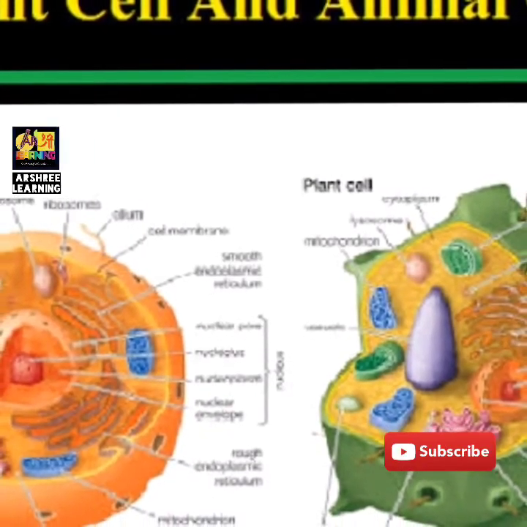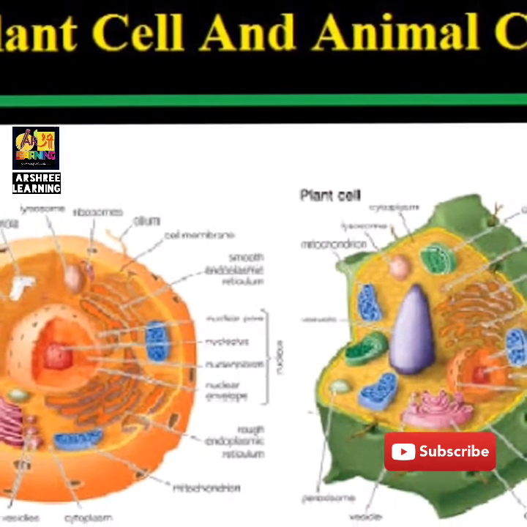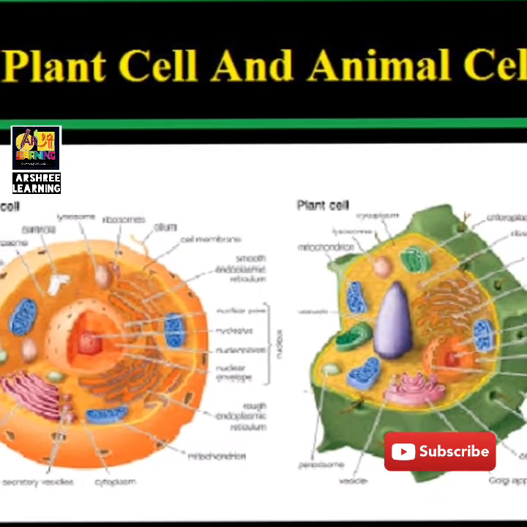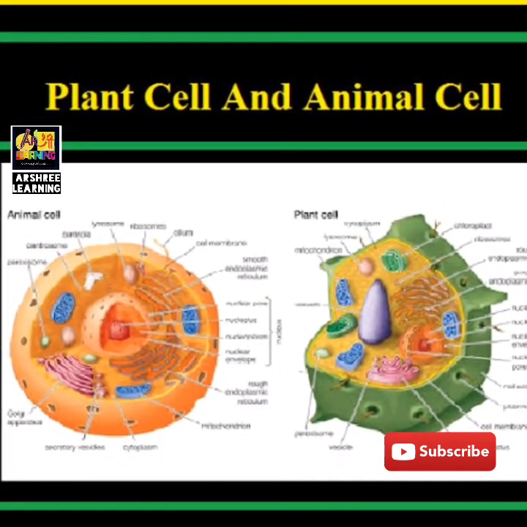The last portion of the chapter is the plant and animal cell. The cells of both plant and animal function according to the function of the plants and the animals. Animals cannot prepare their food and the plants can prepare their food, therefore the plant cell and the animal cell components differ.